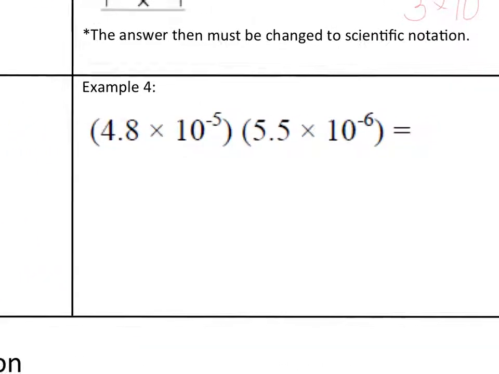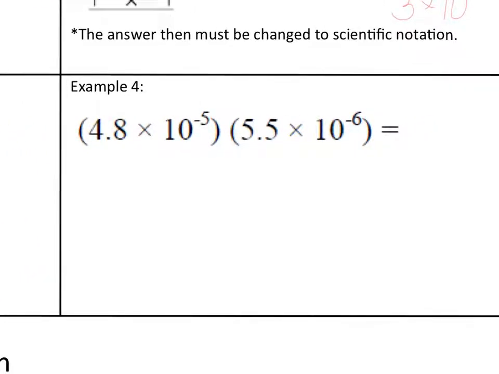Now taking a look at number 4. 4.8 times 10 to the negative 5th times 5.5 times 10 to the negative 6th. Even though they're negative exponents, we're still going to go about it the same way. 4.8 times 5.5 equals 26.4.